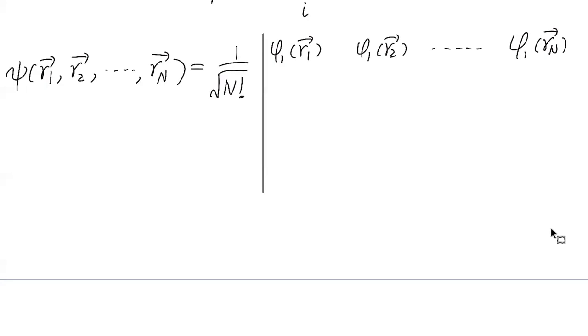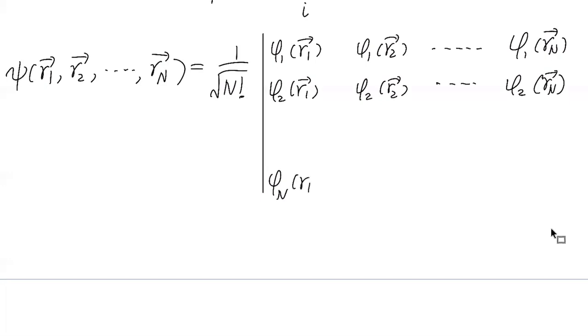That's the first row. The second row is all the orbitals are now phi 2. And you can put R1, R2, until Rn as the variables for phi 2. That's the second row.